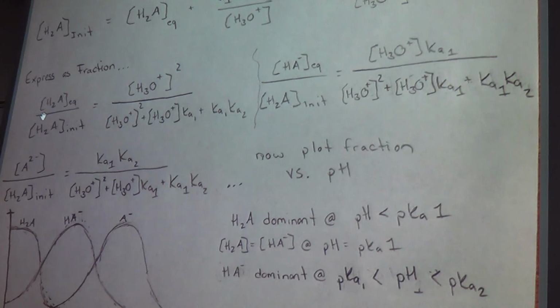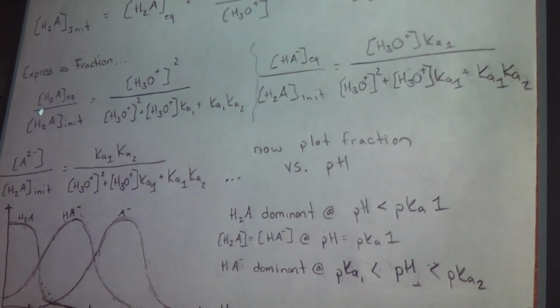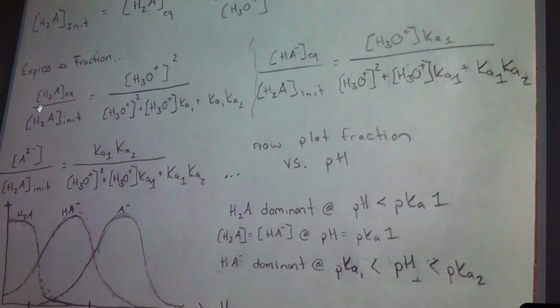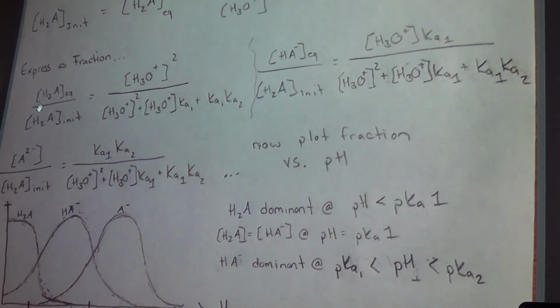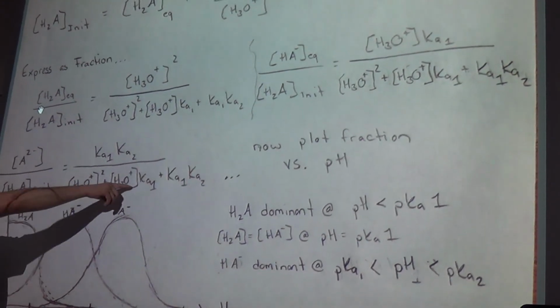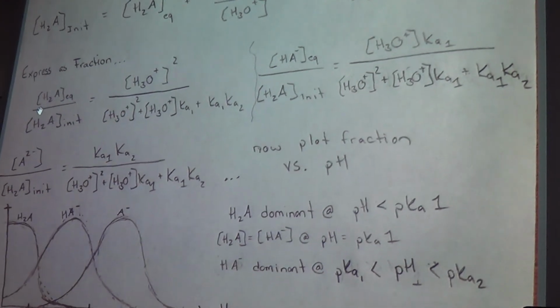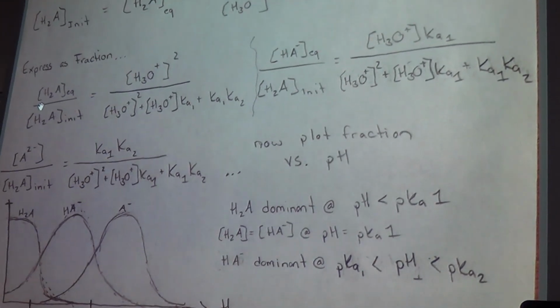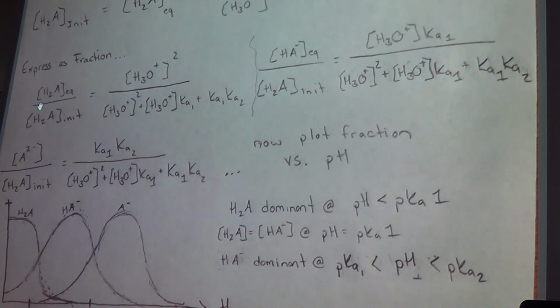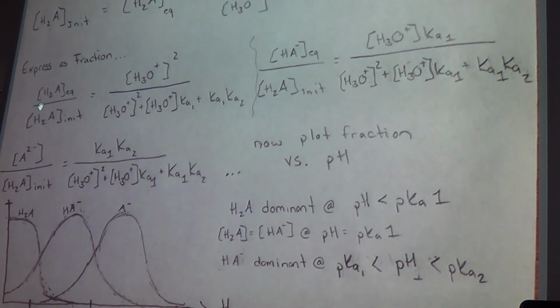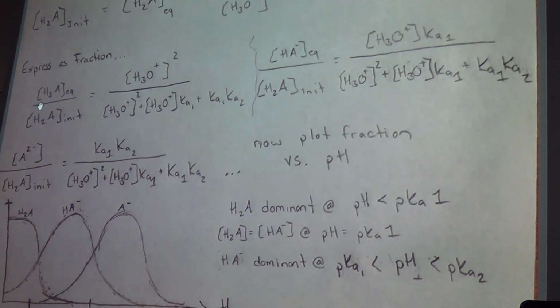Conc HA- goes as H3O+ to the first power times Ka1 over that common denominator. And conc A2- goes as Ka1 times Ka2 over that common denominator. So something to note about these terms.